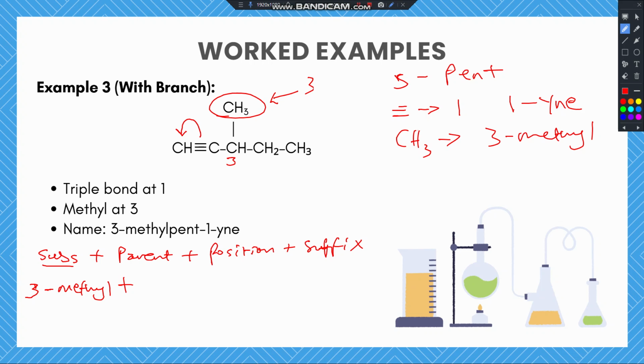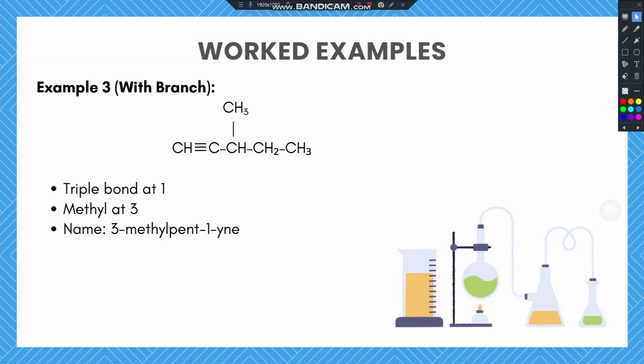The parent name is pent plus the position of the multiple bond. The multiple bond is this triple bond located on carbon number 1. So we have pent-1-yne, 3-methylpent-1-yne. That becomes the name of the compound.